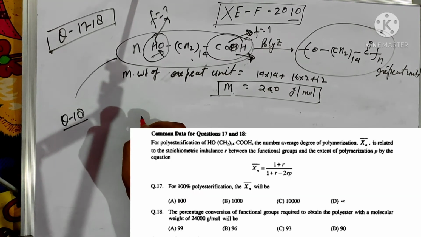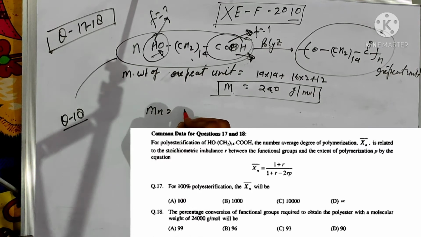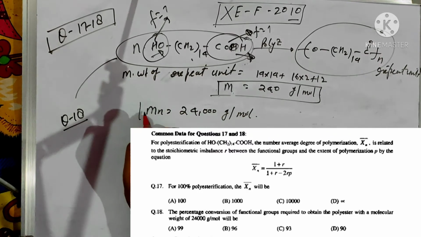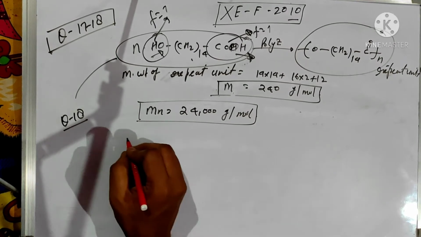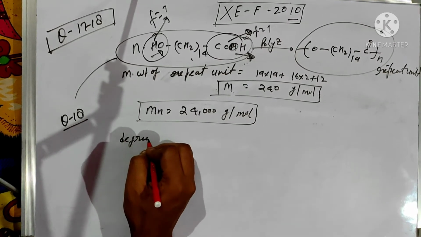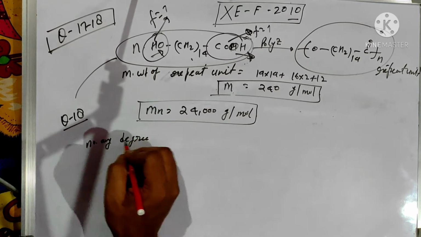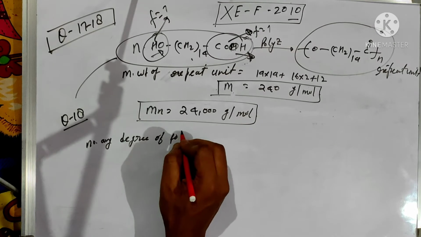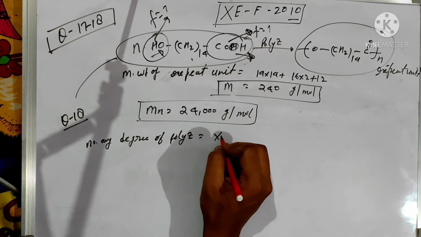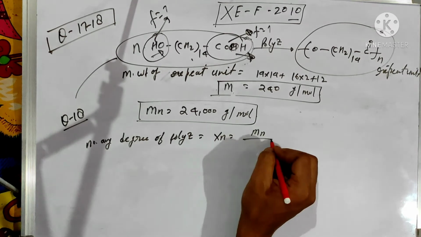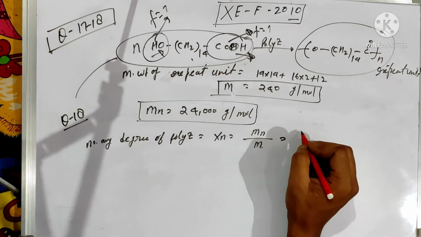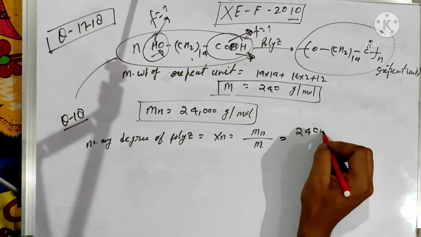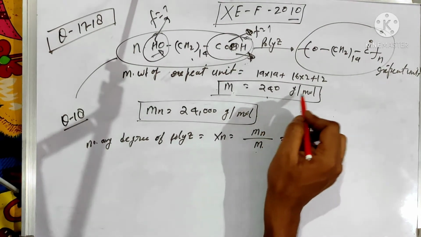The number average molecular weight of the polymer, Mn, is equal to 24000 gram per mole. Now you know the number average degree of polymerization Xn is equal to the number average molecular weight divided by the molecular weight of the repeat unit.